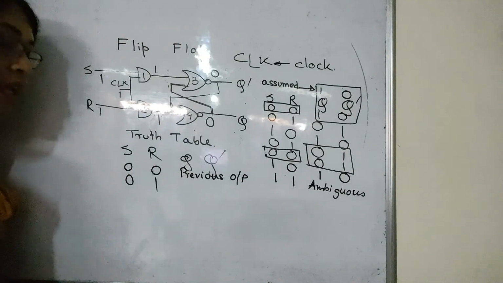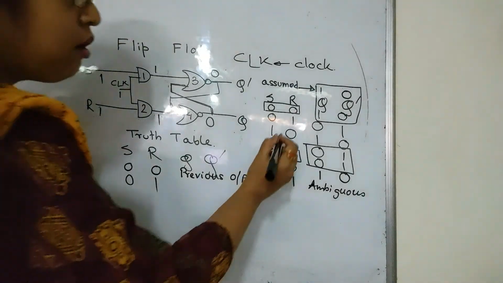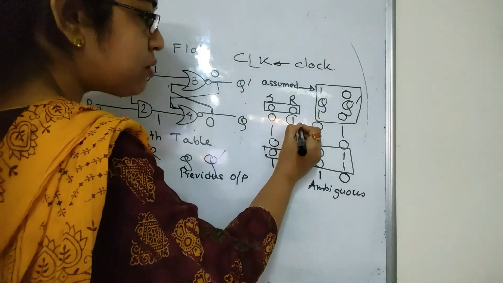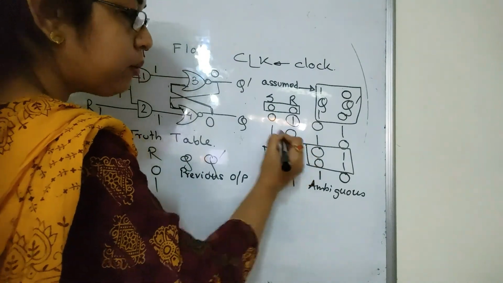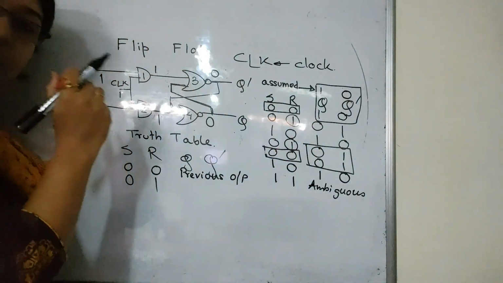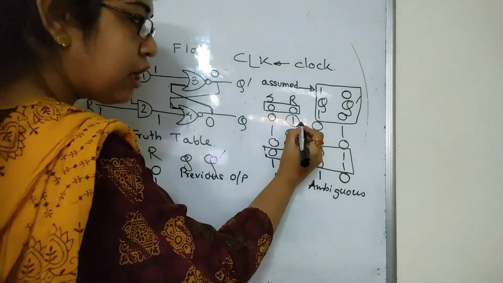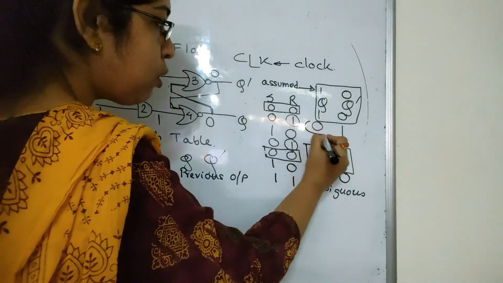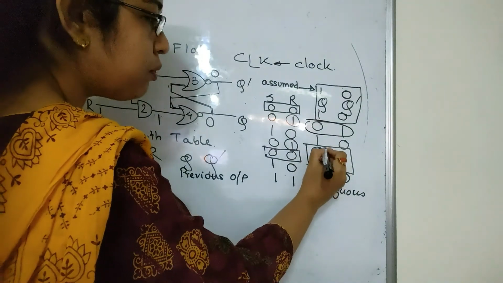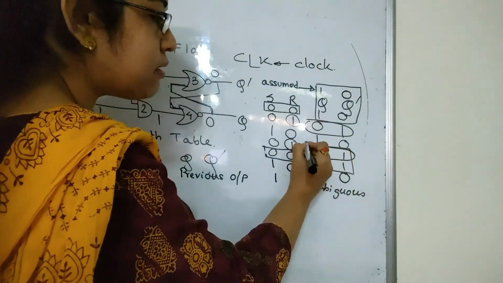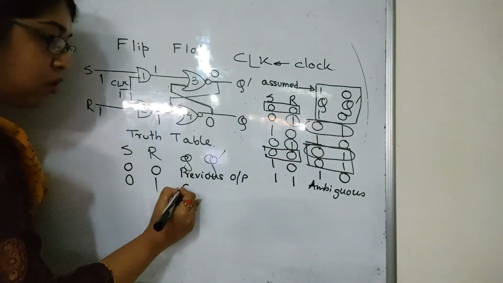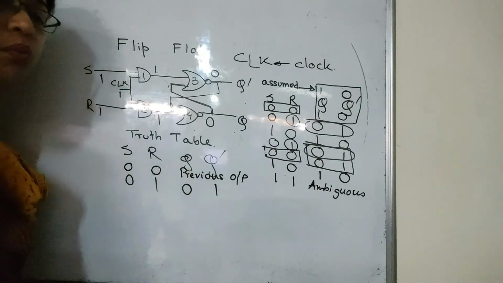0, 1. S value 0, R value 1. Over here, R value is 1. Whenever we are giving S value as 0 and R value as 1, if we check the outputs, in both the cases, Q value is 0, Q dash value is 1.